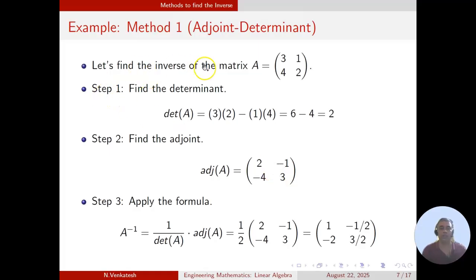An example here, for the 2 by 2 matrix 3, 1, 4, 2, the adjoint of A we had already calculated as 2, minus 1, minus 4, 3, and the determinant is 2, so we will get this as the inverse.